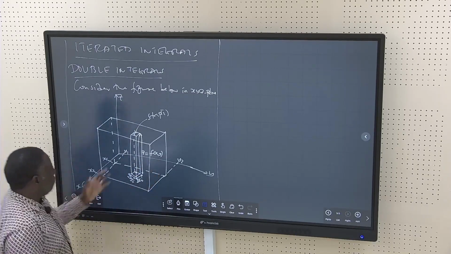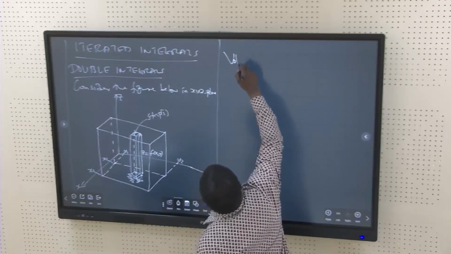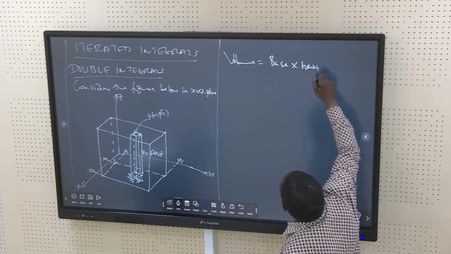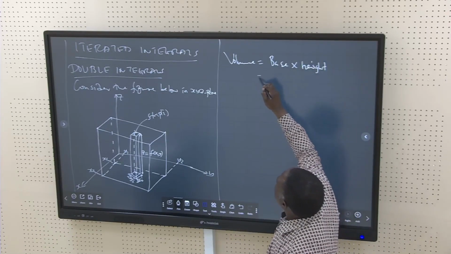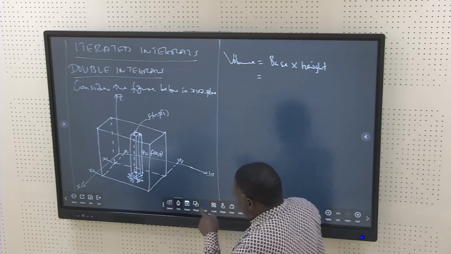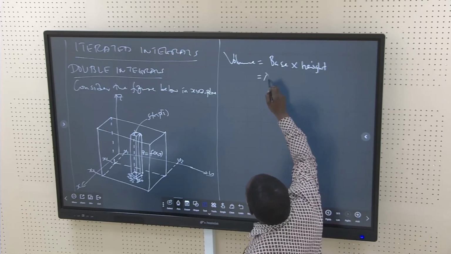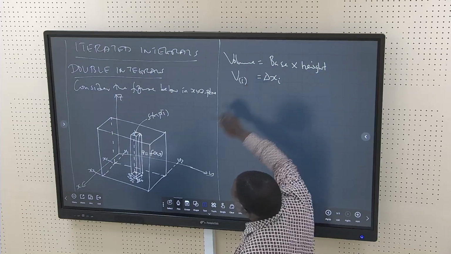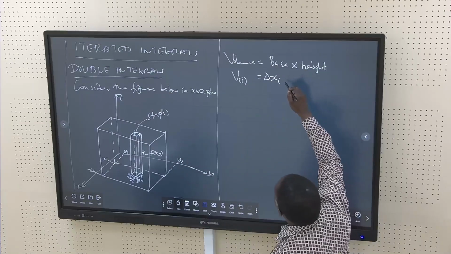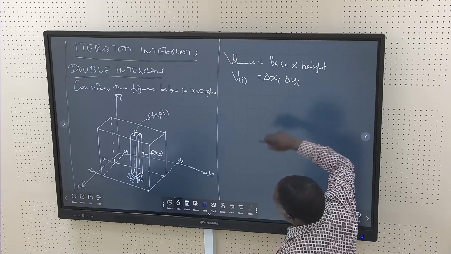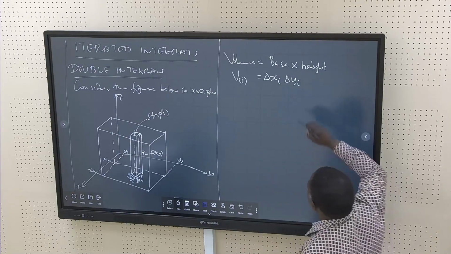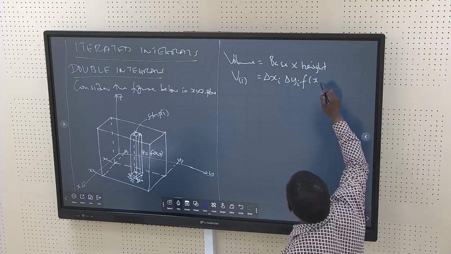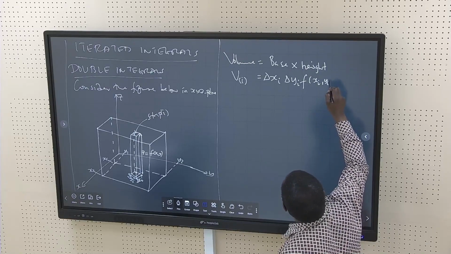Now, to find the volume is the same as finding the base area times height. What is the base area? The base area is delta x times delta y. So the volume for block i is delta x i times delta y i, multiplied by the height, which is f of x i, y i.